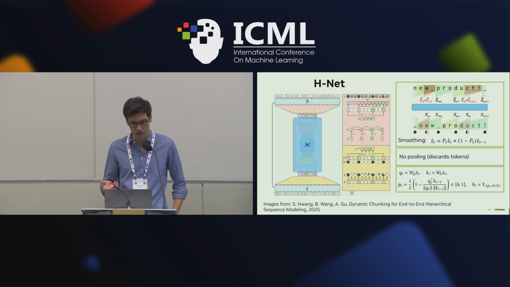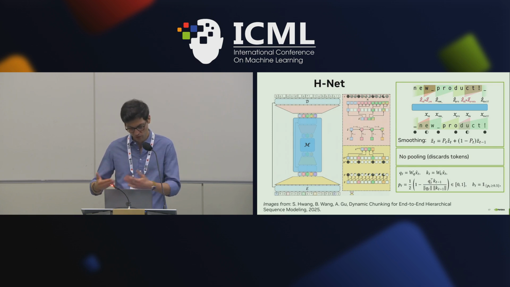There are many ideas in this paper that make it rich. One is that instead of pooling, the authors have chosen to discard tokens, and they say that it worked better. The other one is smoothing. When they built those downsampled representations, they try to make a smooth transition between them in order to help the training.